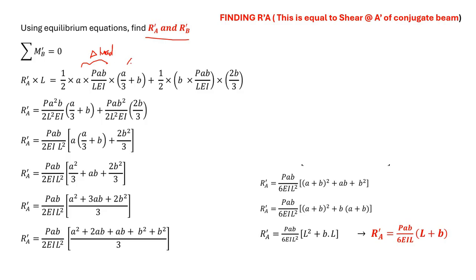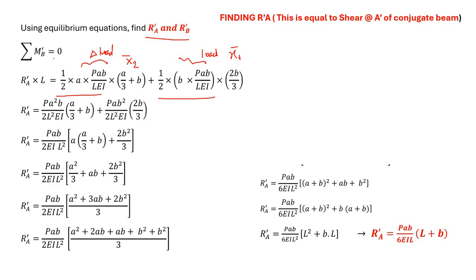This is the centroidal distance, which is x2 bar. Similarly, this is the loading of the blue triangle, and this distance is x1 bar. So half into b into PAB is the area of the triangle, which is the loading. Then you multiply it by the centroidal distance.